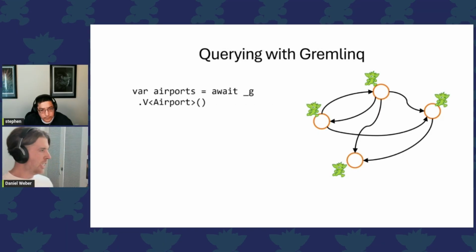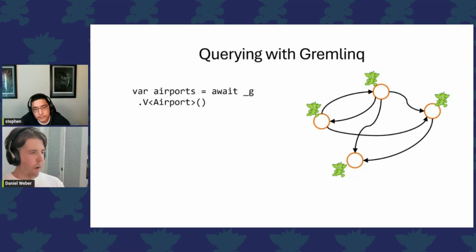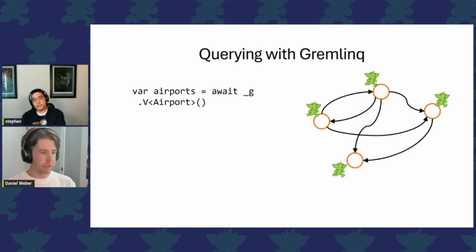You're now reasoning about classes in your language, C# for that matter. You would have a POCO, a plain old C# object, which is a class called Airport. It would have all the properties an airport would have, in this case a code and the name. But we're type safe now, right?